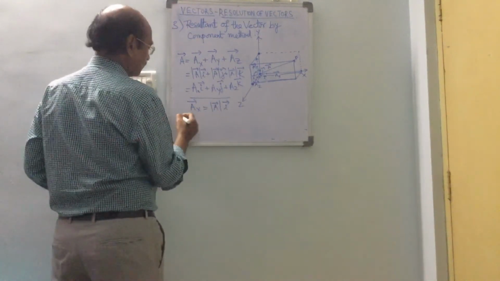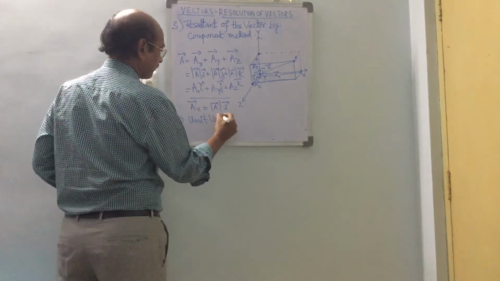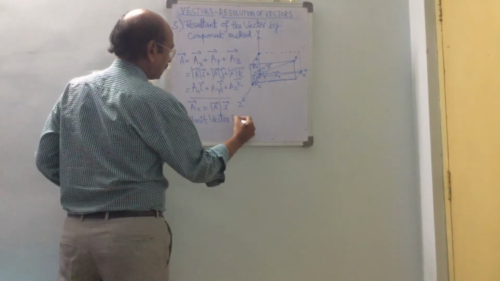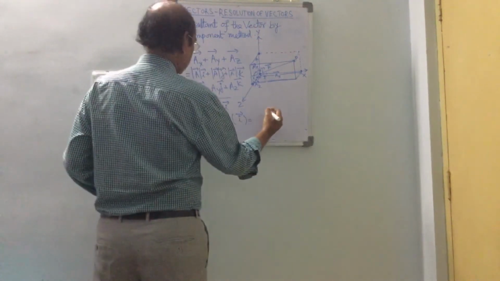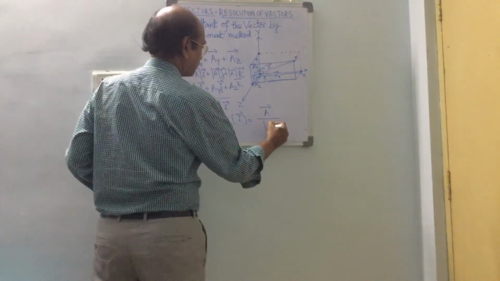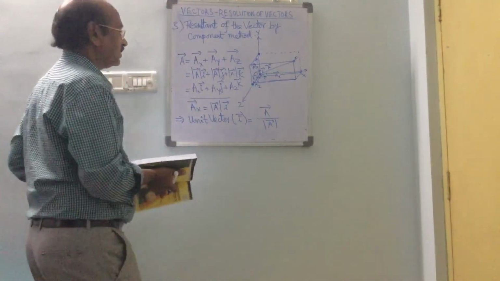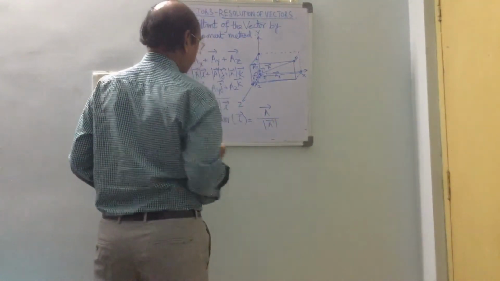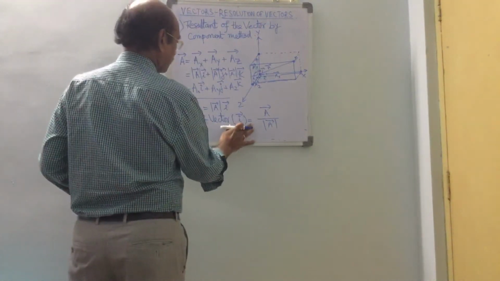So from this, unit vector I bar is equal to A bar x by modulus of A bar. When we divide by its magnitude, then we obtain the unit vector of A bar.